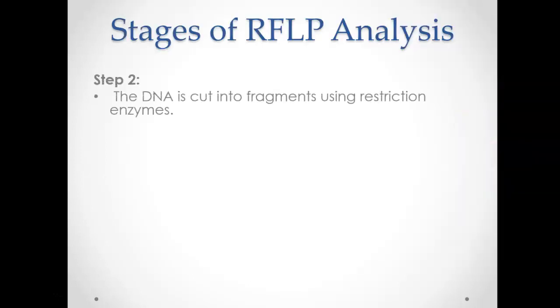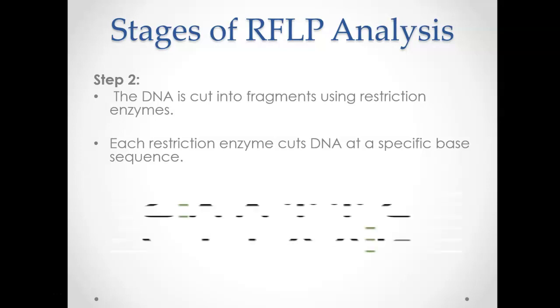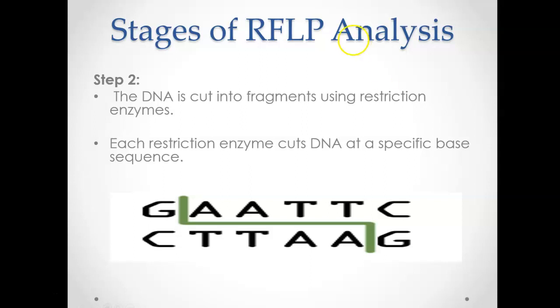Next, we take the DNA that we've isolated from those cells and cut it into pieces using something called restriction enzymes. These restriction enzymes will cut the DNA at a very specific sequence. In every single person's DNA, there's a sequence we're looking for, and we cut the DNA exactly at that sequence. So the enzyme would cut this piece into two fragments.